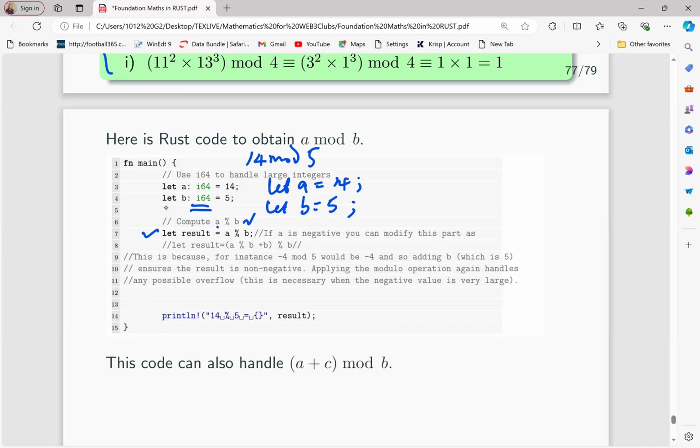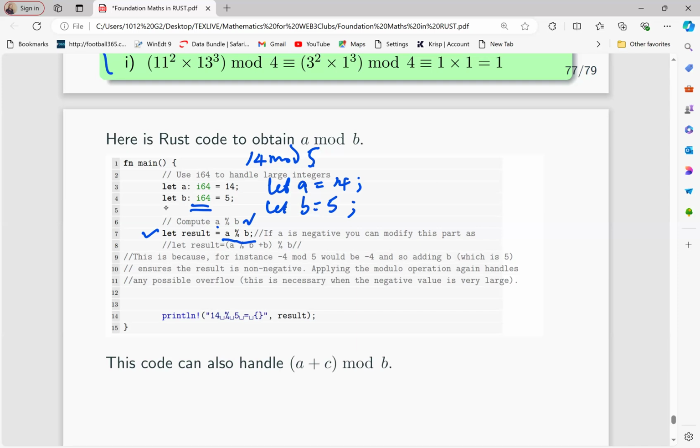This is the question, and I've just called 14 a and called 5 b. Now, what is my result? My result will be the remainder on dividing a by b.